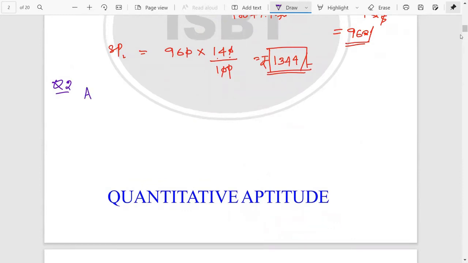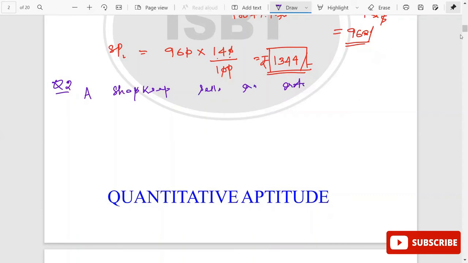Type 1 का second question. The shopkeeper sells an article for 2,400 rupees. Okay.